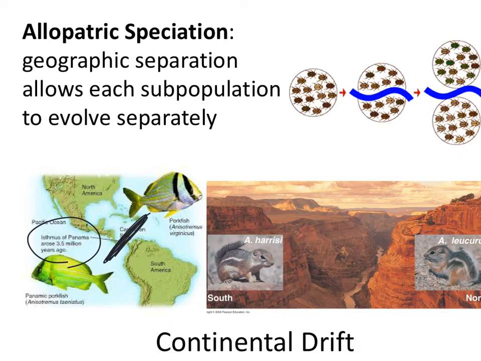But a very slow process millions of years ago ended up forming this land bridge, where now there is land between the Caribbean Sea and the Pacific Ocean, such that the fish can no longer freely swim. So I have a population of fish on one side. It became isolated from the population on the other side.